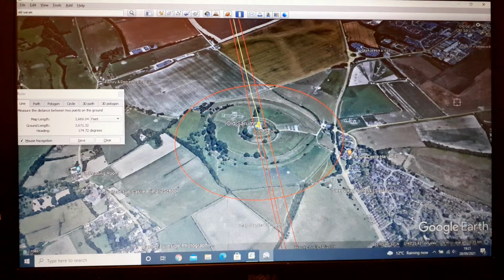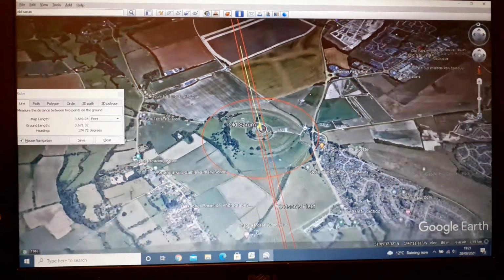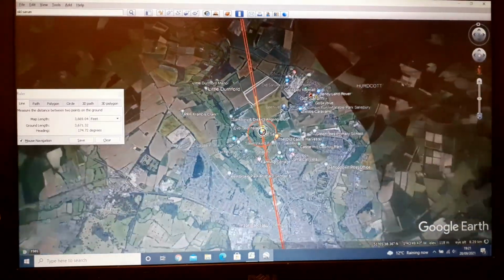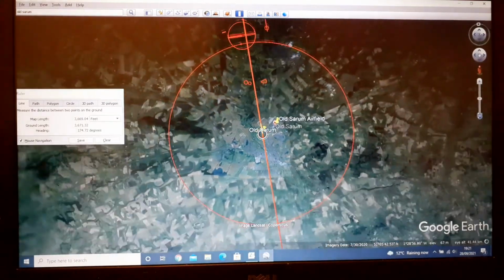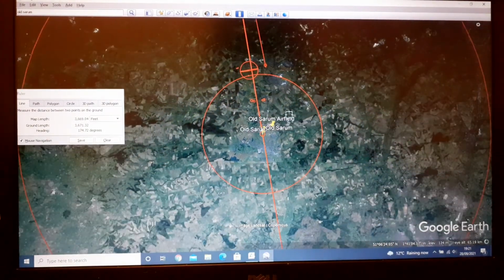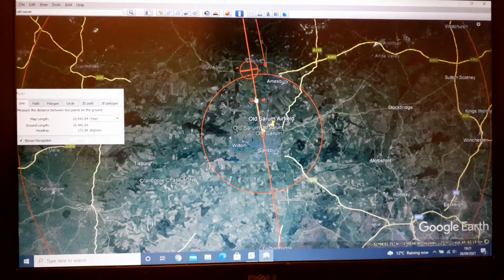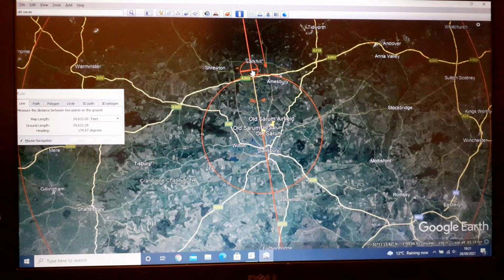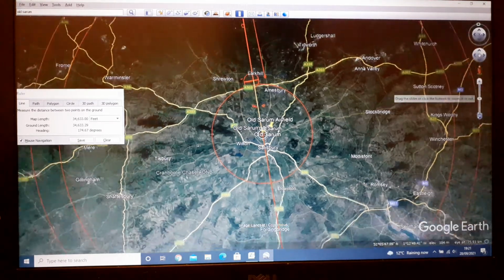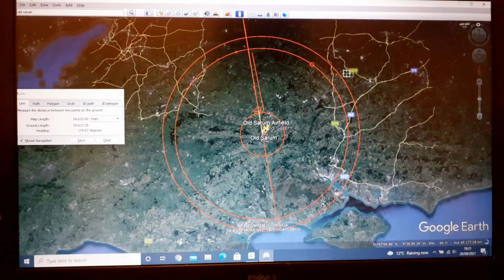And now we're going to have to pull out so that we can find Avebury on the map. And there's Stonehenge. That's Stonehenge Cursus that we're at now. And if we pull out further, there's Avebury.